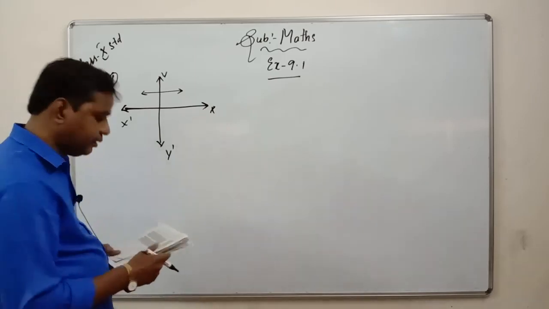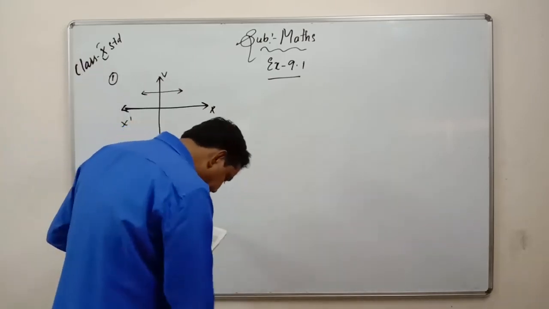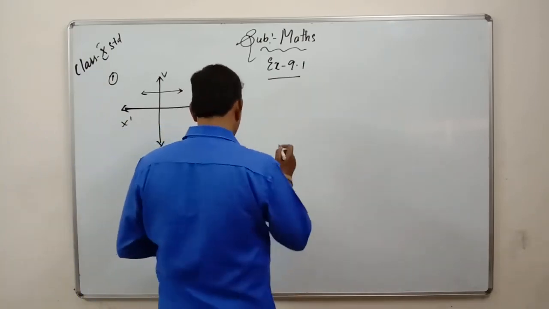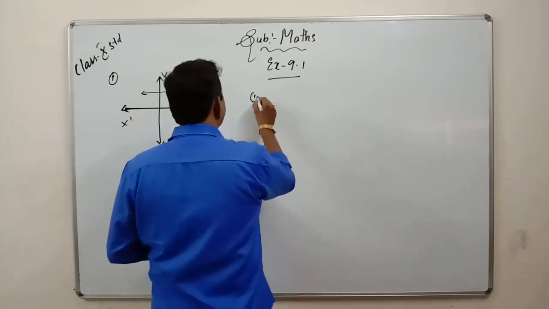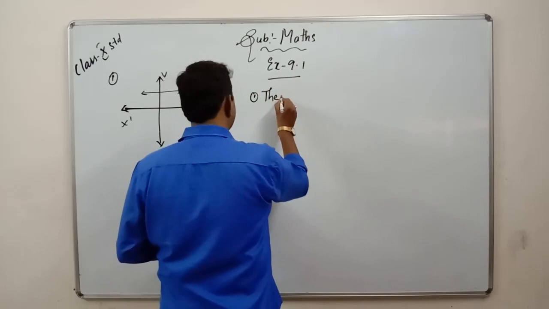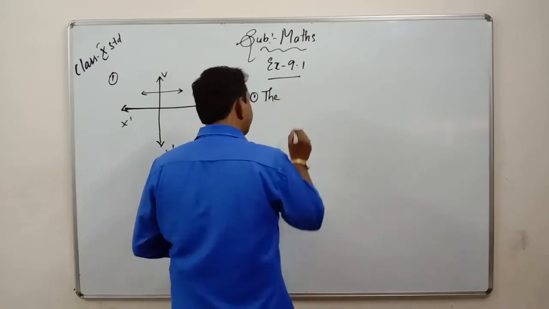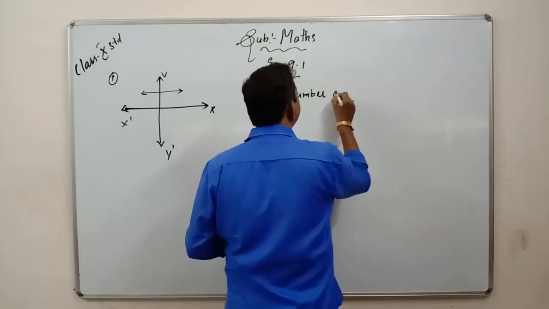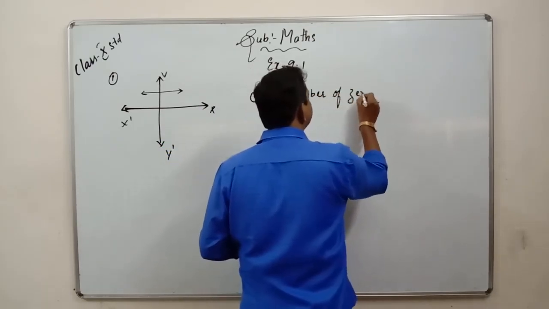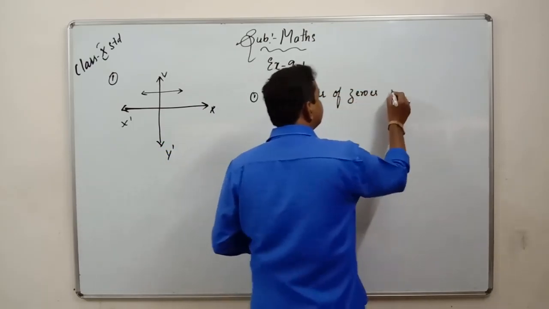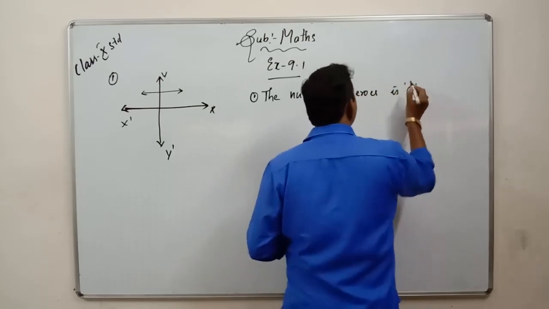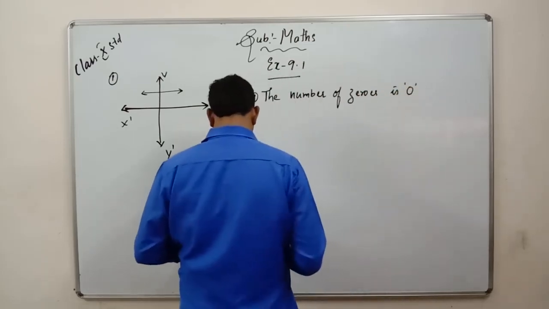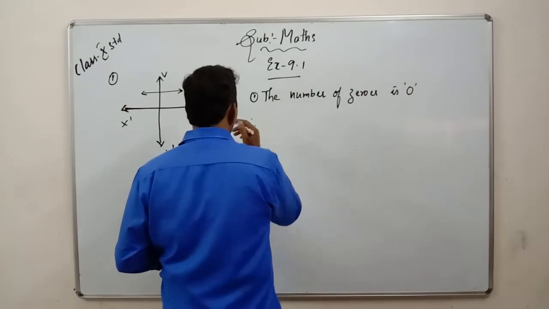So how to write it? Let us write. For the first one, the number of zeros is 0. Number of zeros is 0. You should give the reason.